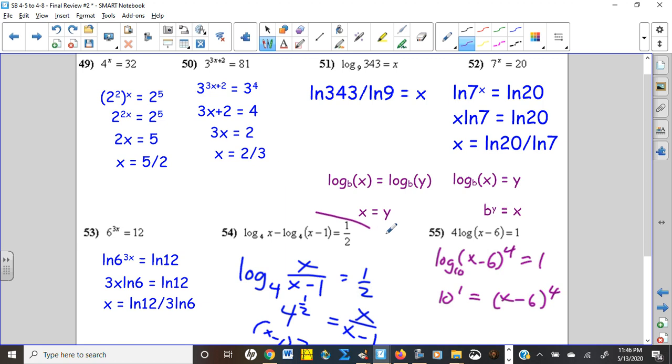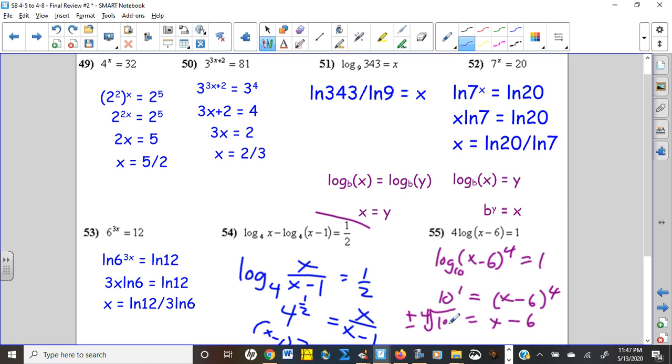Now, obviously, 10 is not a perfect fourth, right? I do think you might even get plus or minus when you do this, because 4 is an even root. And then you'd have to add 6 to finish this. So it'd be the fourth root of 10 plus 6 for your answer.